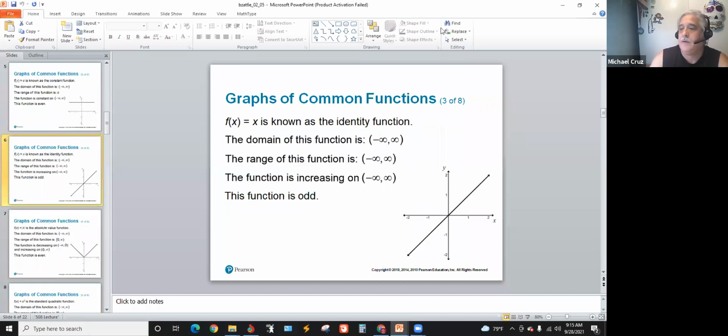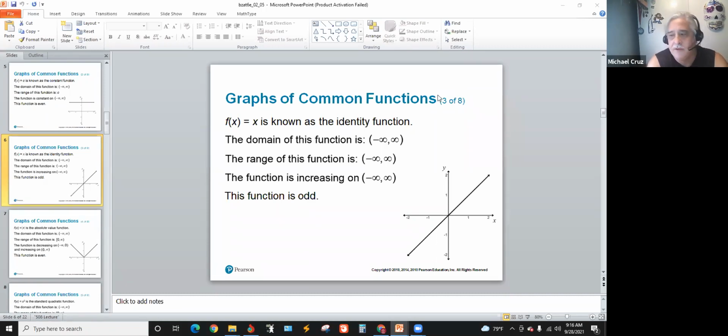All right, so let's just look at the common functions. We already talked a little bit about domain and range. If you've got a straight line like this linear function, and they're just using the general term f of x is equal to x, then both the domain and the range are all real numbers. That's how we say negative infinity to infinity.